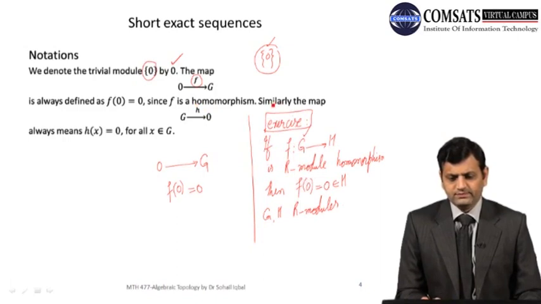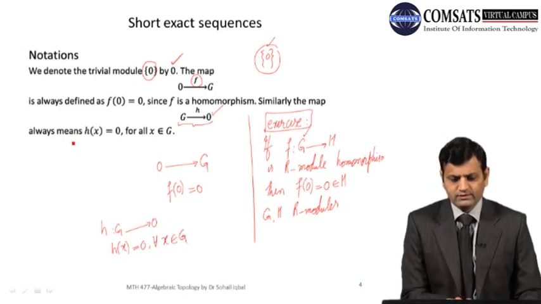Next we can define this thing. Once again, this 0 means the trivial module, and this map h from G to 0 is always defined as h of x is equal to 0 for all x belonging to G. So these are the notations.